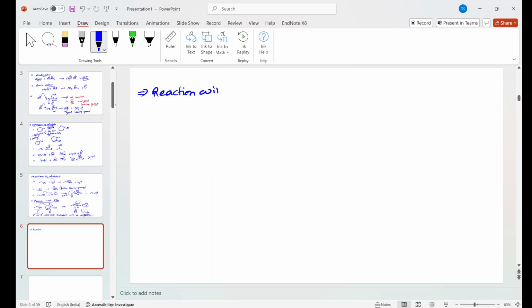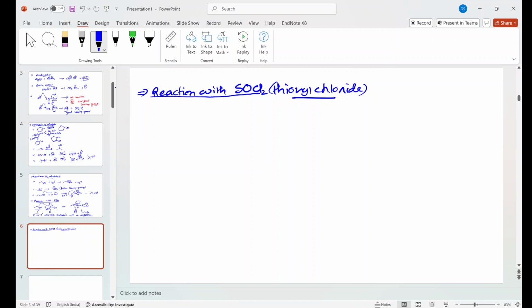So then we move to another reaction with SOCl2. This is also called thionyl chloride. Very much known reaction, and we generally do it in lab scale.